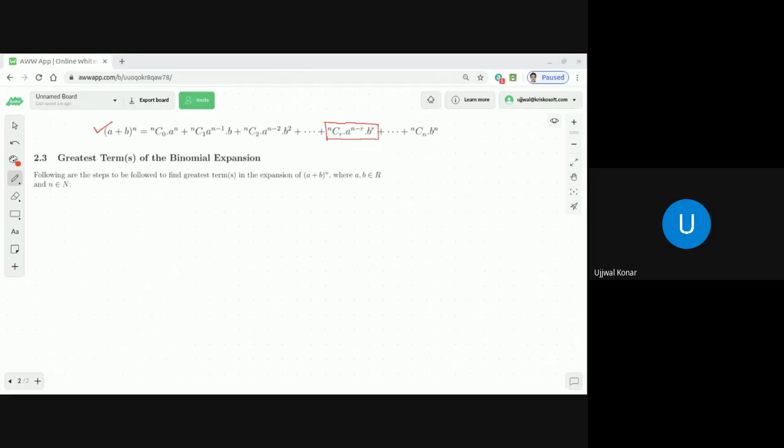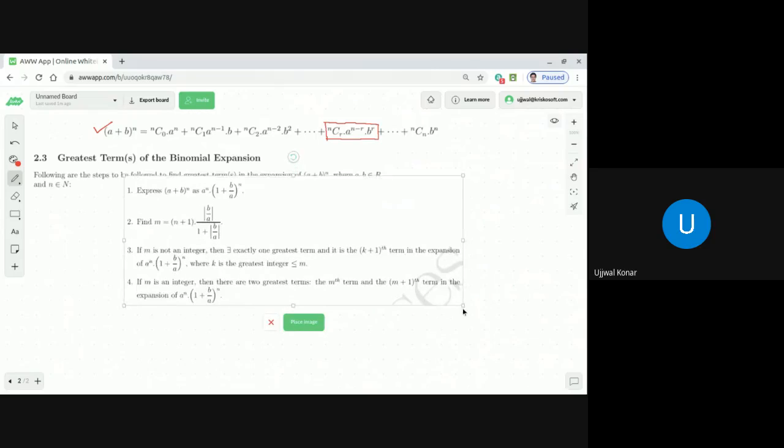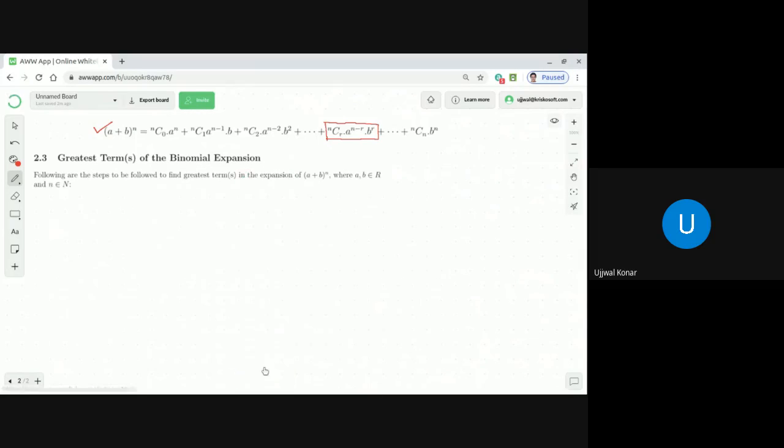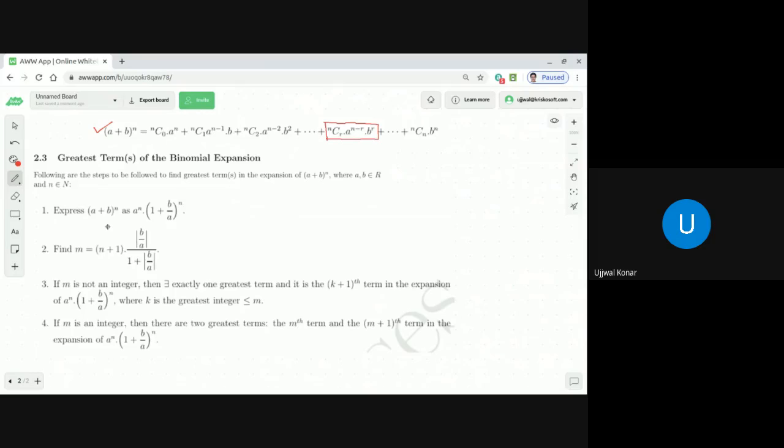The first and foremost thing, dear students, is that we should write (a plus b) power n is equal to a power n, we take common, then (1 plus b by a) power n. I hope all of you got it. If it is not, I can use a different color to explain you.